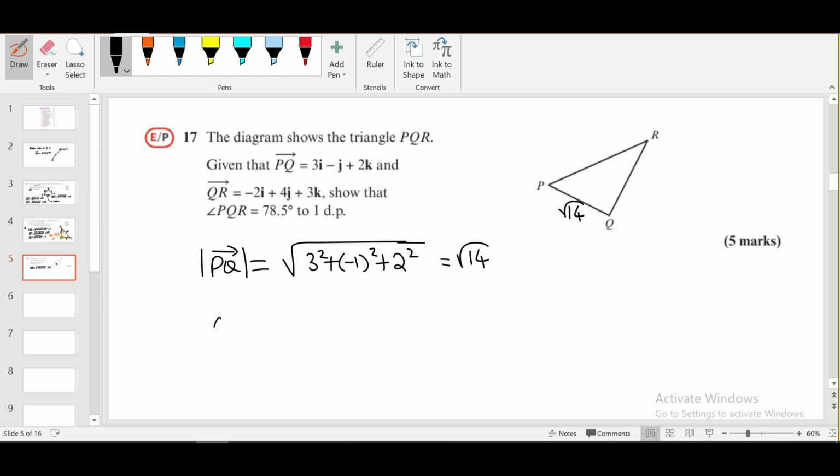And you have QR given, you can find the length of the QR, which is minus 2 whole square plus 4 square plus 3 square. That's 4 plus 16 plus 9, 29. That's PQ, QR, square root of 29.